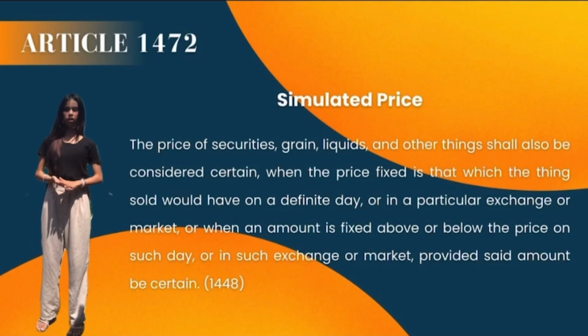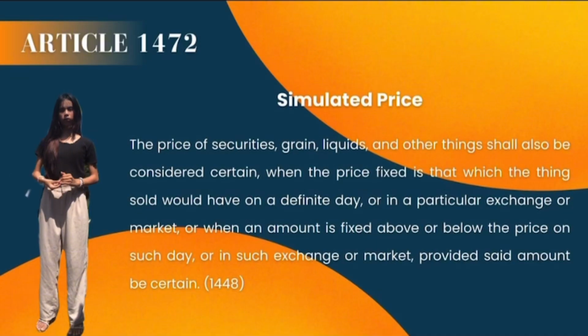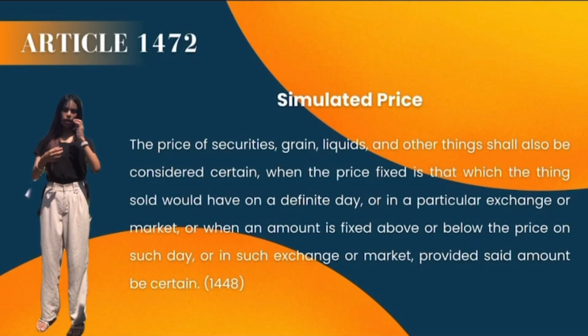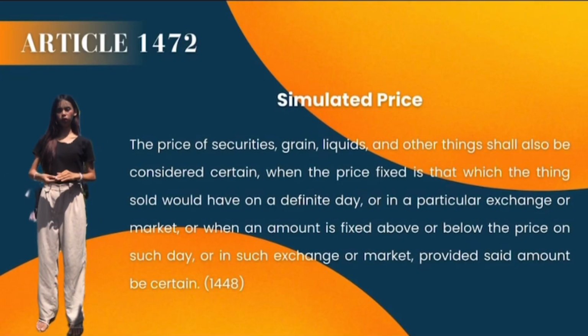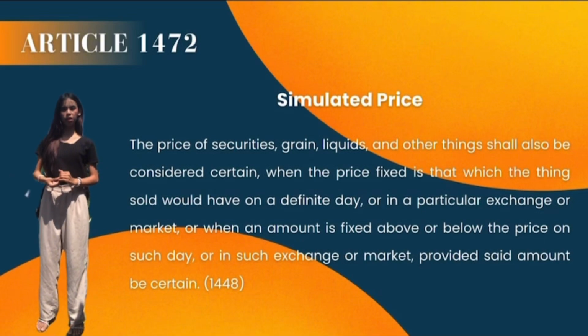You can even agree on a price that's a specific amount above or below that future or market price, as long as that additional amount is clear. Essentially, Article 1472 provides flexibility, allowing prices to be determined by reliable external references, ensuring clarity and avoiding future disputes in sales of varied commodities.